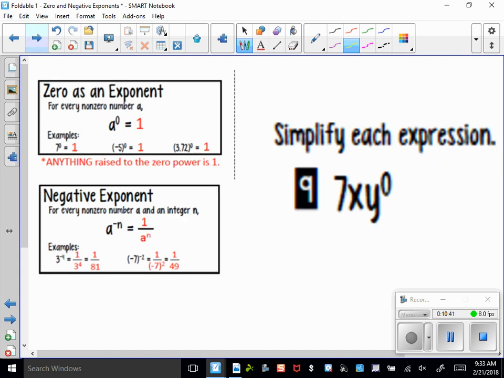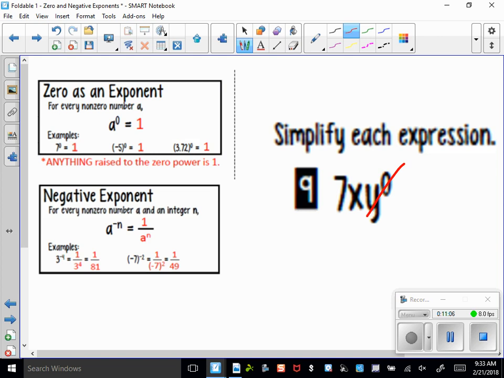All right, let's take a look at this one. I want you to understand as well that each number and each letter, variable that is, has an exponent, like that 7 to the first power, x to the first power, y to the 0 power. We just don't write exponents that are +1, but you have to remember, it's understood, they are there.